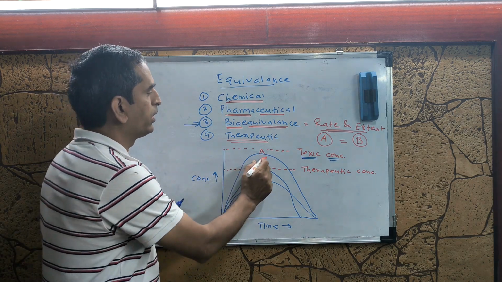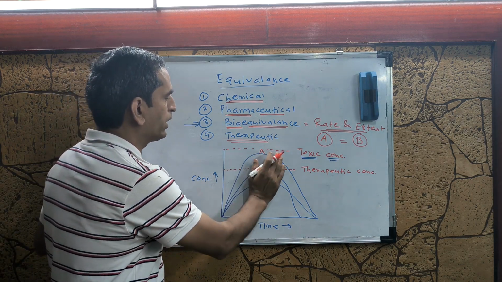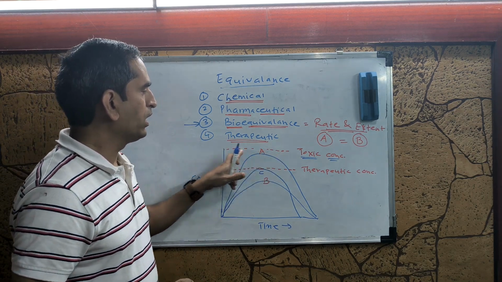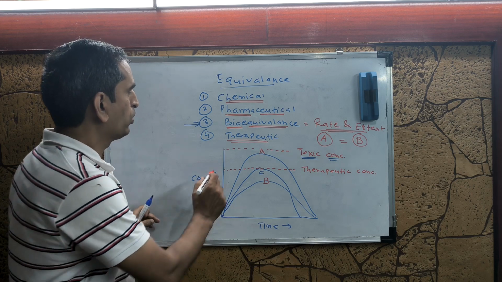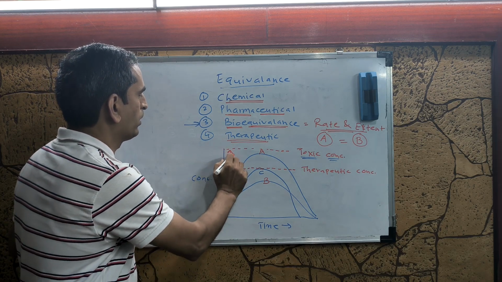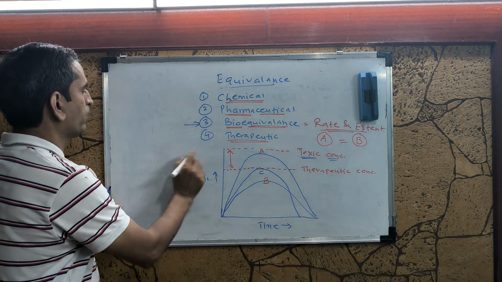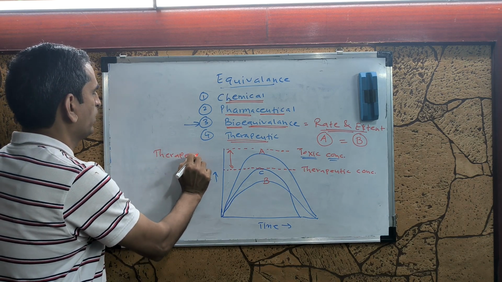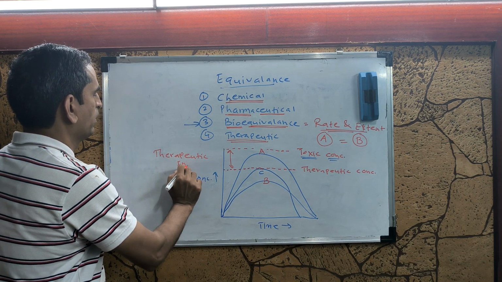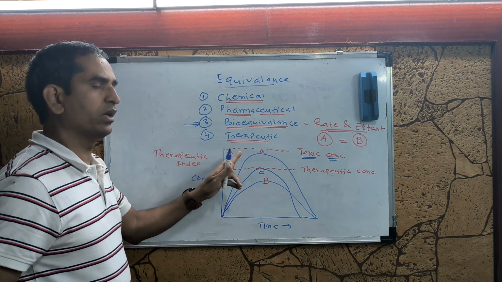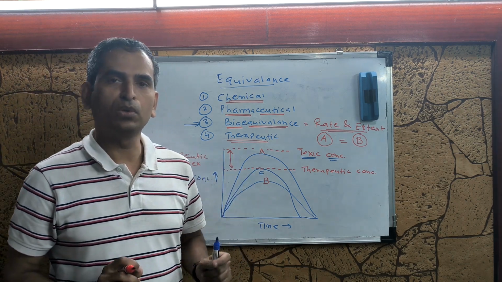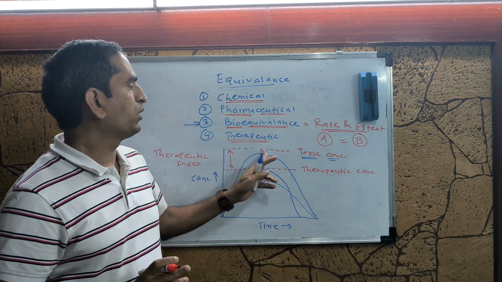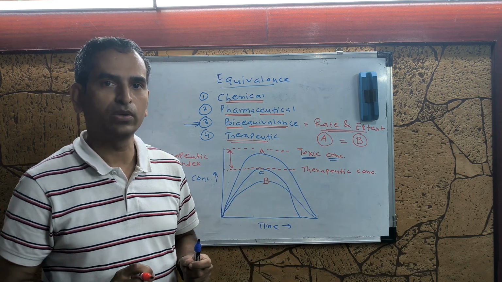Now drug A has produced therapeutic concentration, however it has not reached the level of toxic concentration. So this range is called the therapeutic index. So drug A would be effective also, and drug A would be well tolerated also, because it has not crossed the limit of toxic concentration.